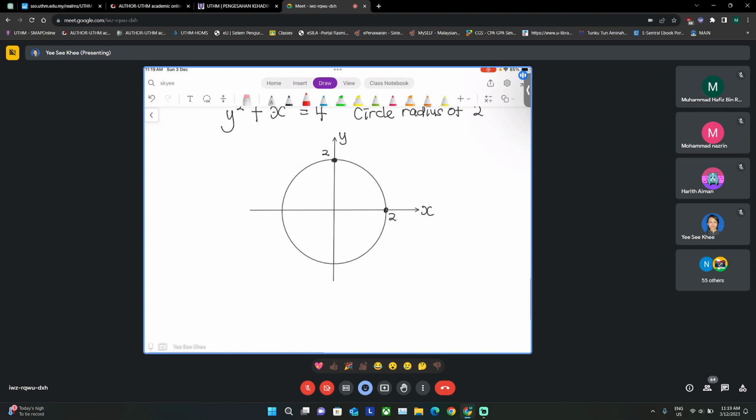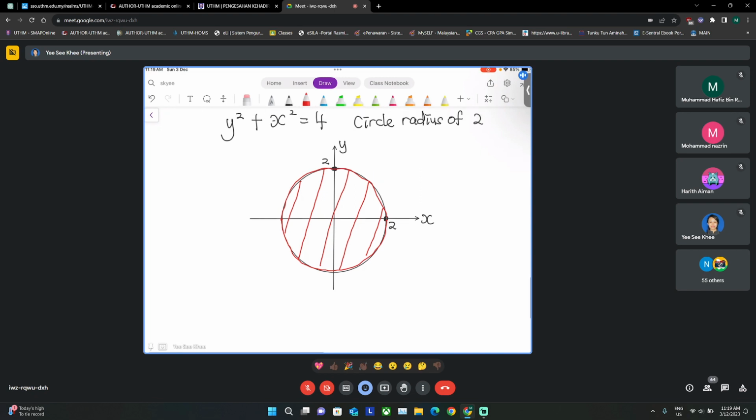So basically the dy is telling you the whole circle, because it's from the negative of the circle to the positive of the circle. That's why it means the whole circle.